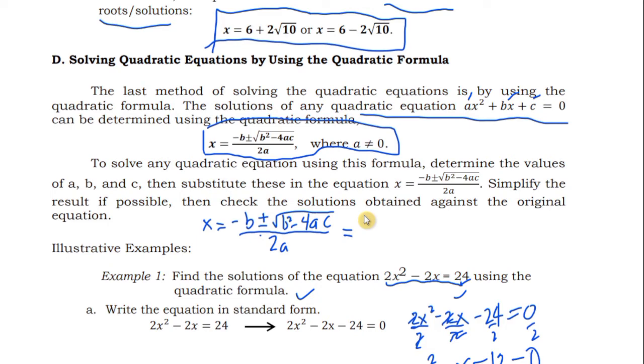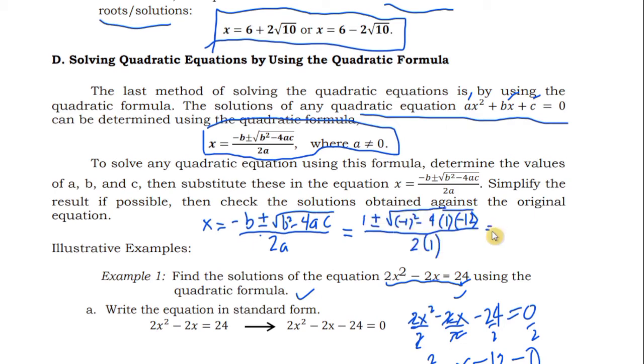So it is 1 plus or minus the square root of negative 1 squared minus 4 times a, which is 1, times negative 12, which is the value of our c, all over 2 times 1.